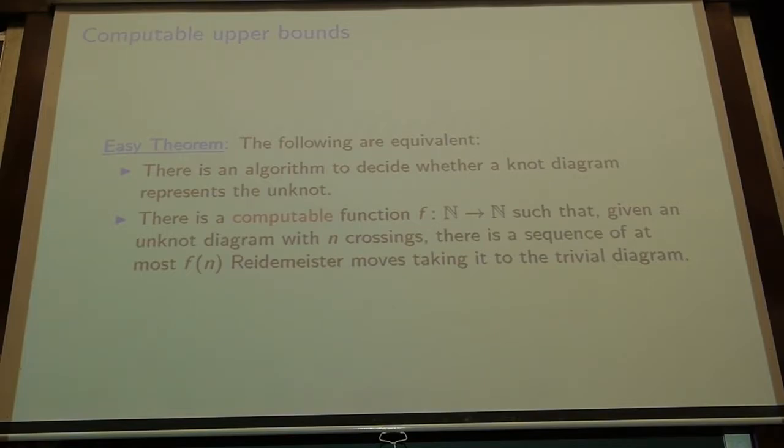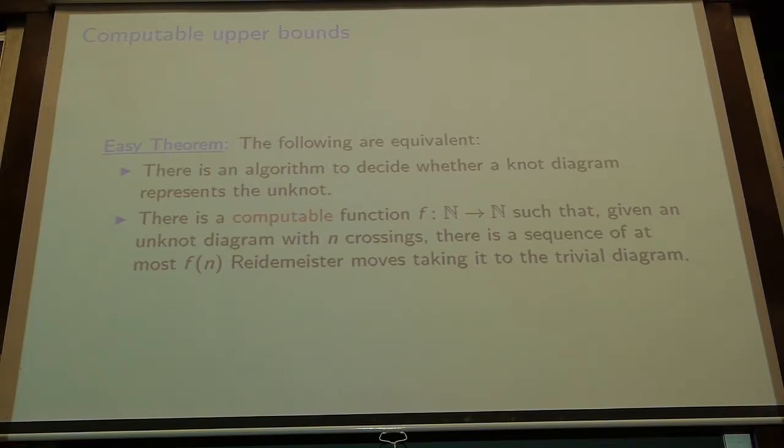Then, for just the unknots, for each one, it starts applying Reidemeister moves to those diagrams. And we know that eventually you can find a sequence of Reidemeister moves which takes each one of those diagrams to the trivial diagram. And so the number of moves that you needed is your function f.